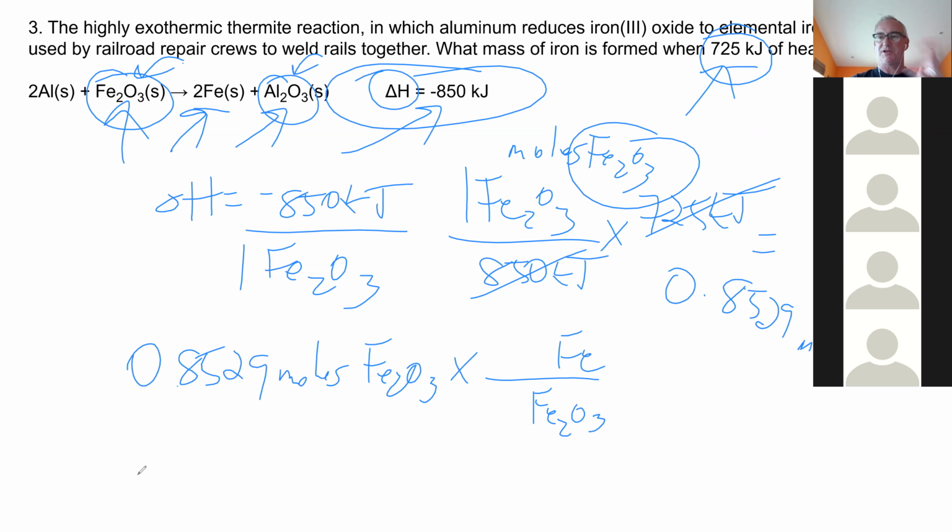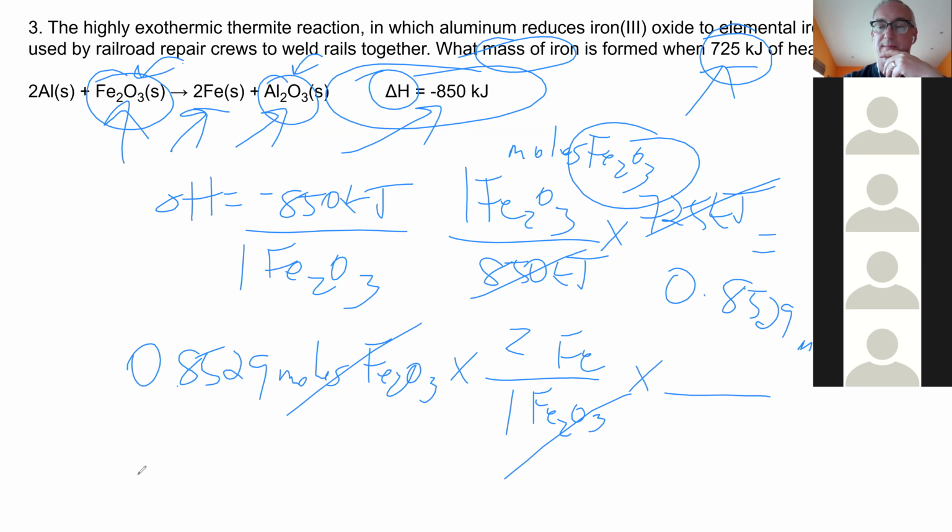From my balanced equation, there's 2 over 1, right. There's 2 moles of iron for every 1 mole of Fe2O3. Then I'm left with moles of iron, but I want grams, right? It says what mass of iron.